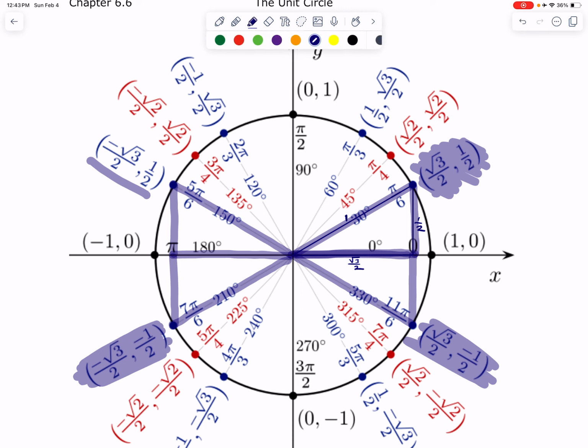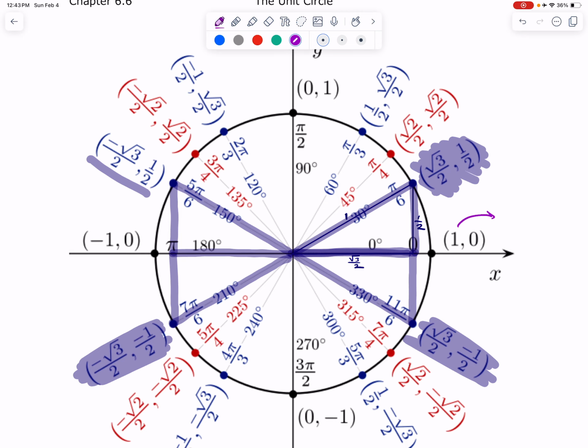Now, there is one thing I want to point out that we don't always see. I am going to write 1 just a little bit differently. 1 I can rewrite as 2 over 2, which means I can also write it as square root of 4 over 2. Am I ever going to write it this way? No. But everything here is a pattern.